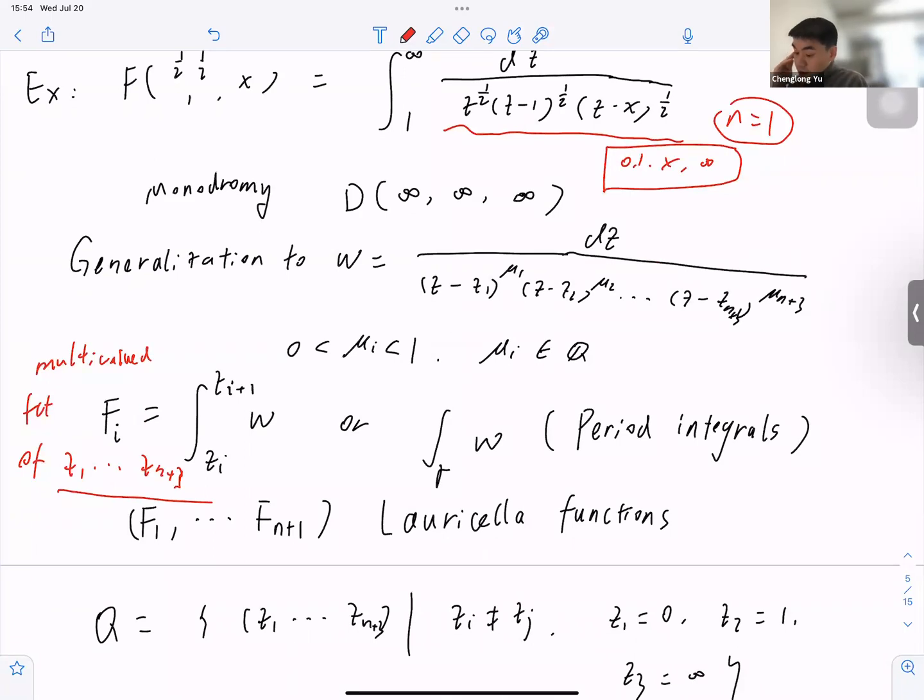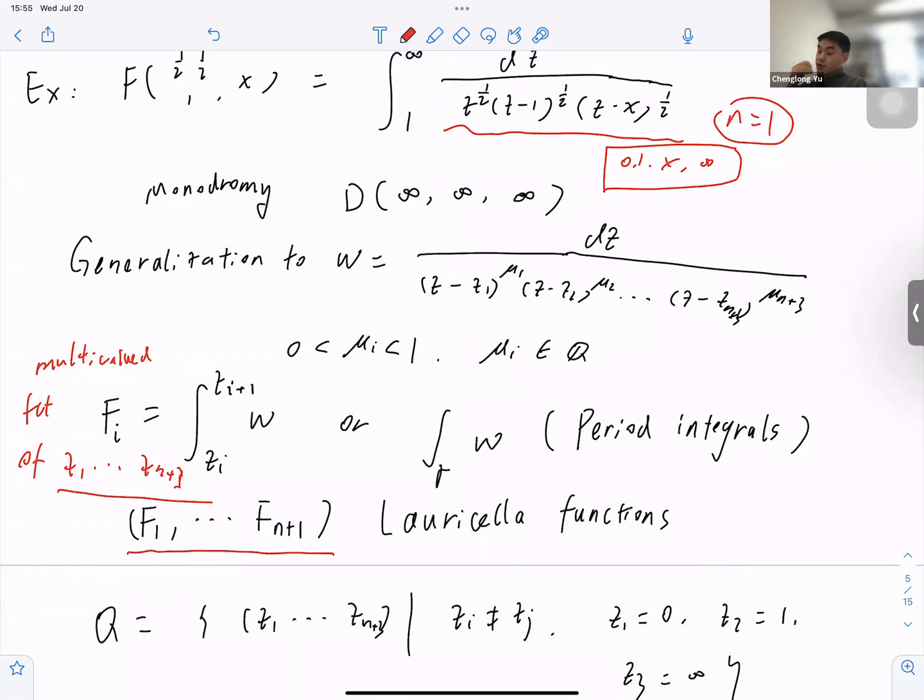So we study this kind of function, and if we connect all the poles, then essentially we just need n plus 1 of those arcs to express all the other integrations. So if you have another path, you can express it as linear combinations of these functions, and they are classically called Lauricella functions.